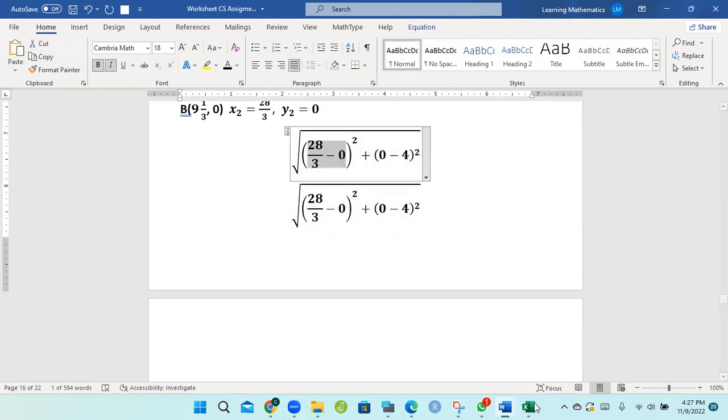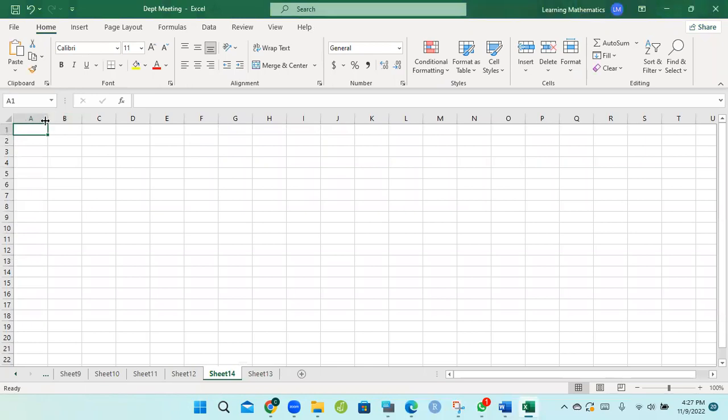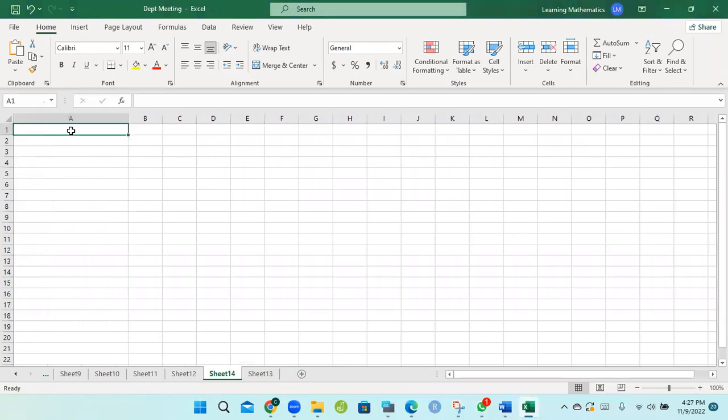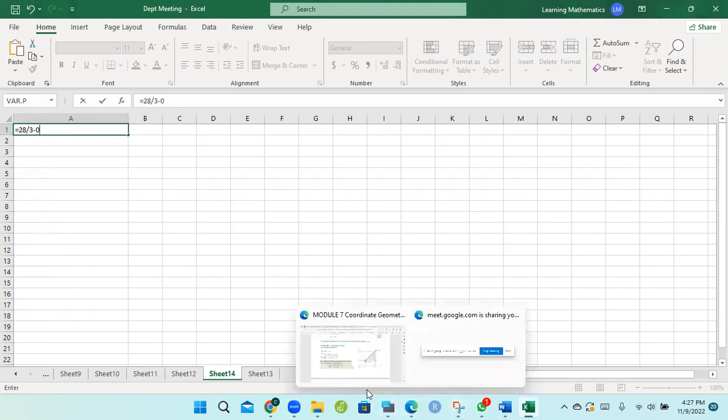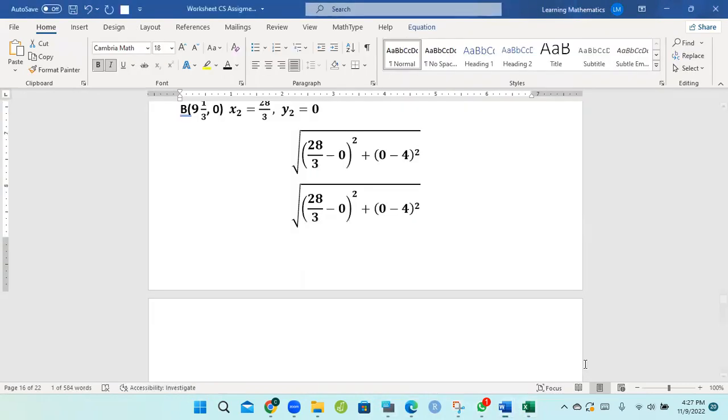So I'm going to copy this, go to Excel, press equal and Control V, paste. 28 over 3 minus 0 is 28 over 3. So what's the big deal? Let's go back. This can be done mentally. 28 over 3 minus 0 is 28 over 3, and 0 minus 4 is negative 4.